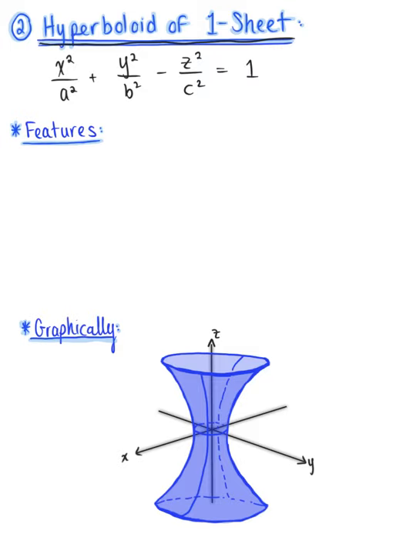With the remaining surfaces, it's important to note that I'm just giving you one possible way to write each surface. If you notice here, z has a negative coefficient, but we could switch that negative to x and y as well. So when you're thinking about the features of your hyperboloid of one sheet, keep in mind that this surface is centered about the axis whose variable has a negative coefficient.